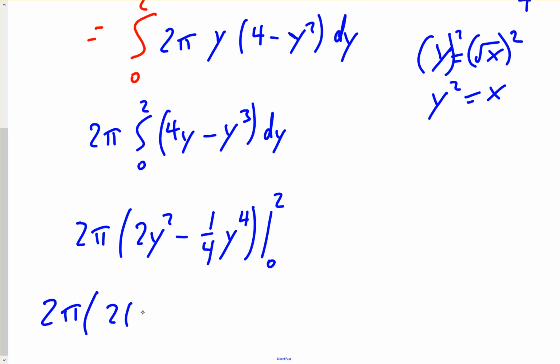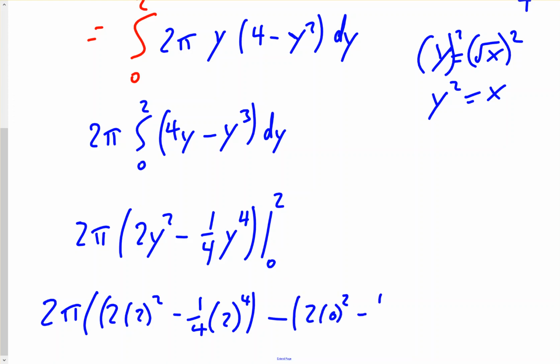We have 2 squared minus 1/4 2 to the 4th, minus 0 squared minus 1/4 0 to the 4th. But now 0 squared and 0 to the 4th, that's all 0.